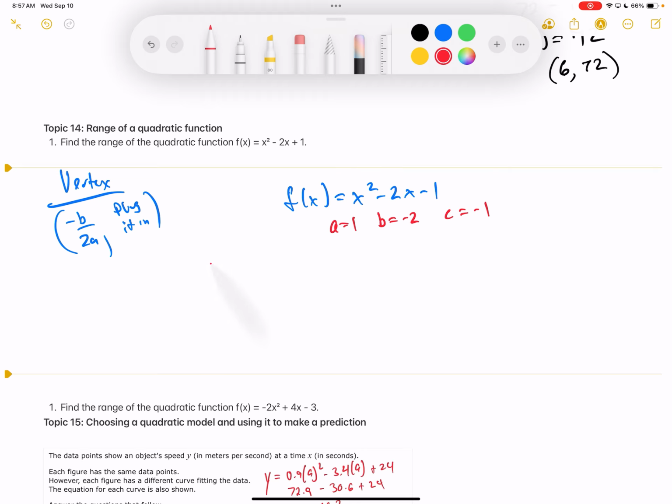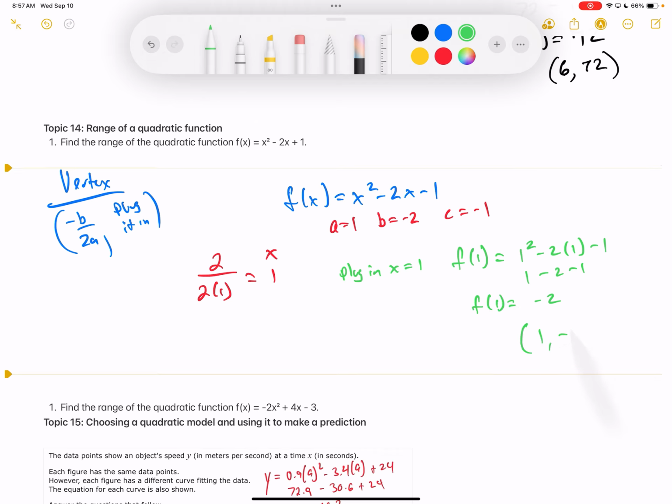So the opposite of b is -2, is 2. 2 times 1, this would be 1. That's my x value. So now we plug in x equals 1. 1 squared minus 2 times 1 minus 1 would be 1 minus 2 minus 1 would be -2. So my vertex here is at 1, -2.